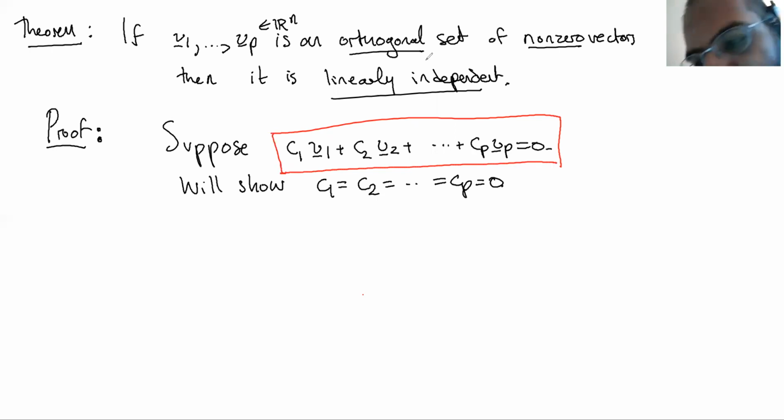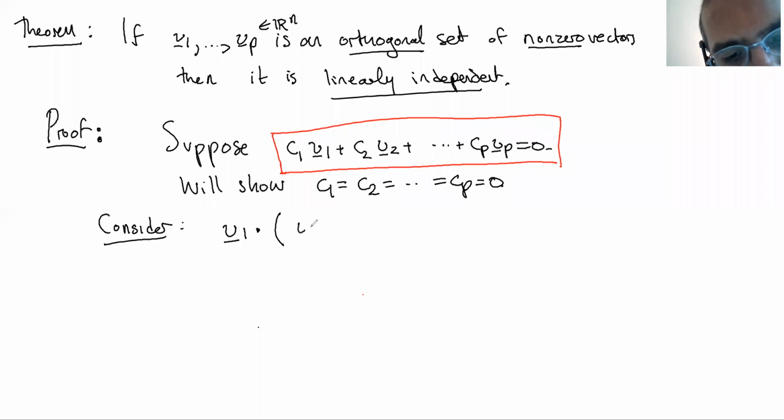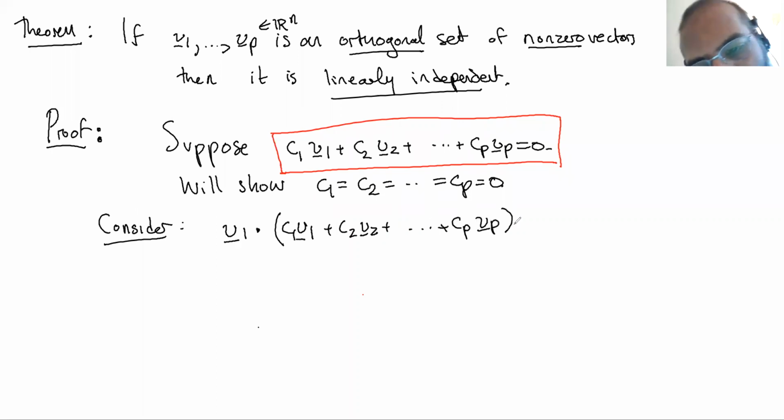So what happens if I take a dot product of the whole thing with U1? That better also be 0, because any vector dotted with the 0 vector is 0.